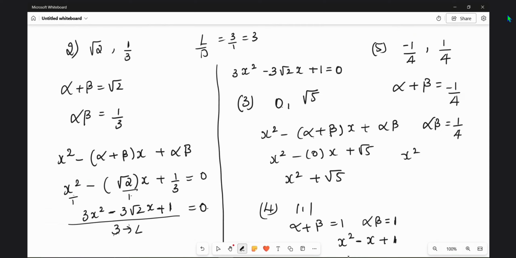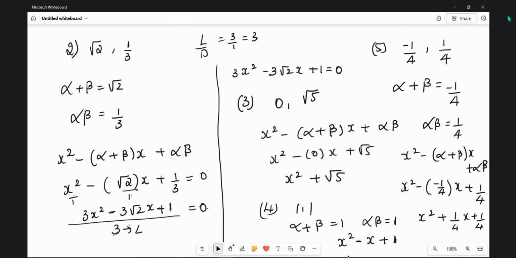So we'll get it as x square minus of alpha plus beta into x plus alpha into beta. So x square minus of minus 1 by 4 into x plus 1 by 4. So you will get it as x square minus into minus plus 1 by 4x plus 1 by 4.